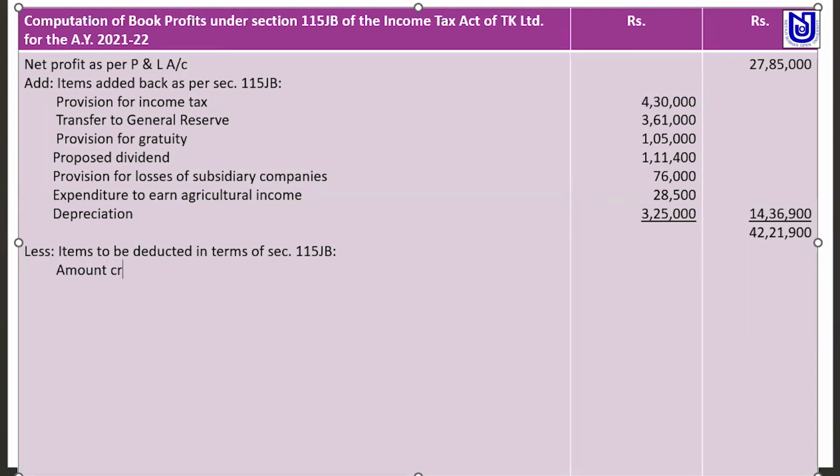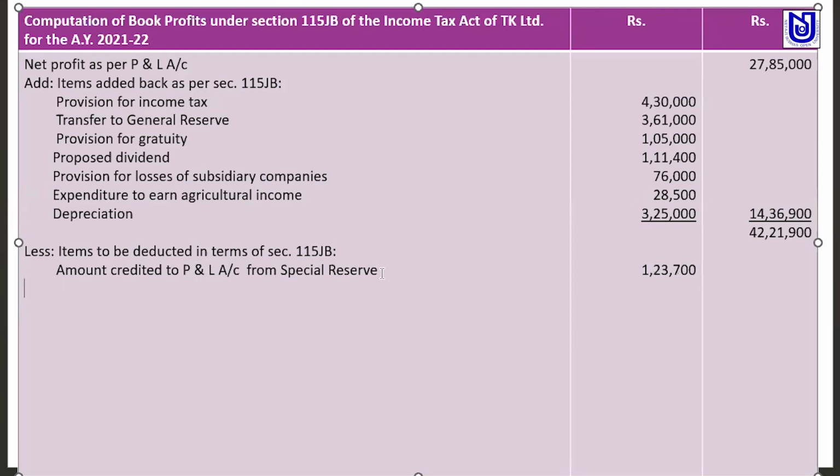So amount credited to profit and loss account from special reserve has to be deducted. What is the figure? 1,23,700.